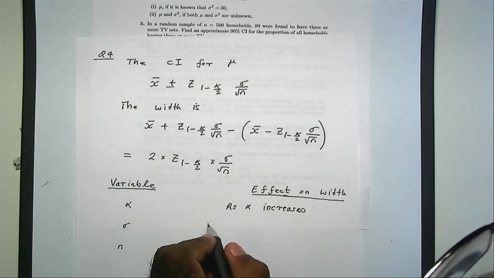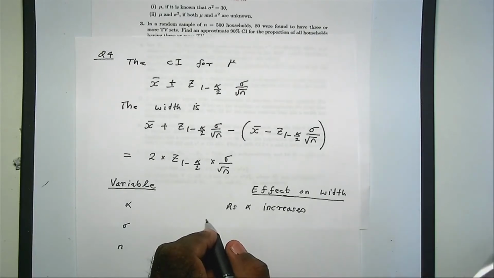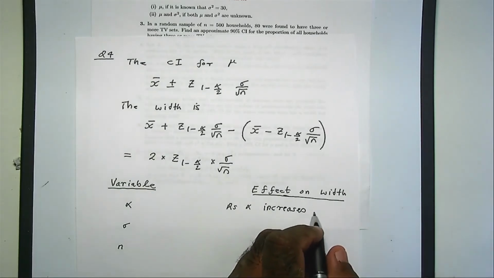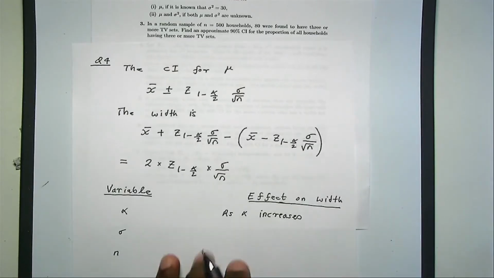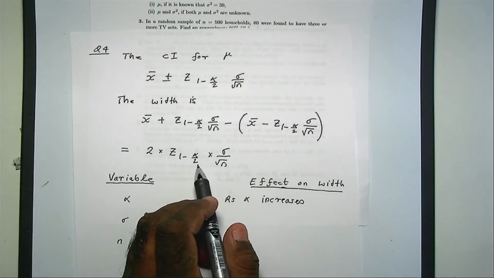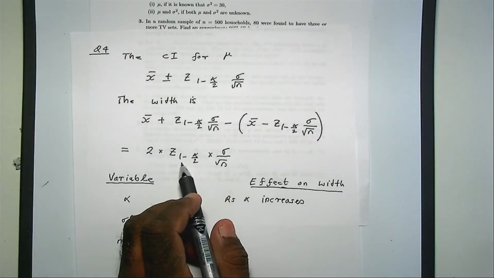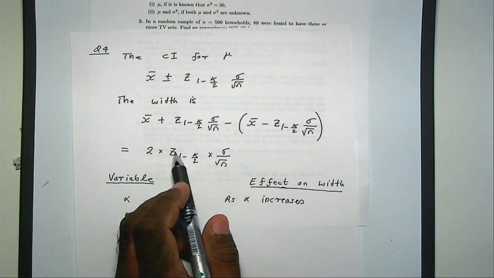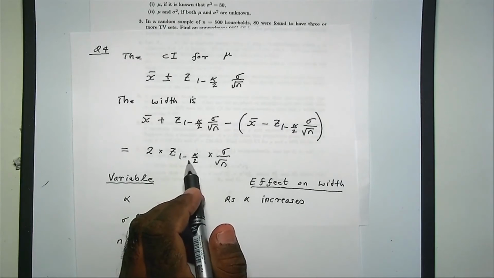Suppose alpha increases towards 1, then this is going to get smaller and smaller. The smallest value you can take is half, because if alpha is 1, 1 minus half is half, and z at half is 0.